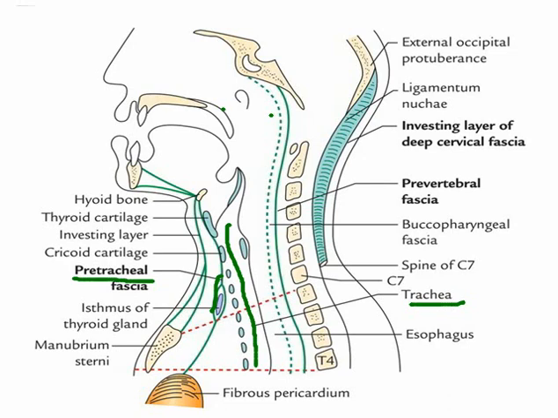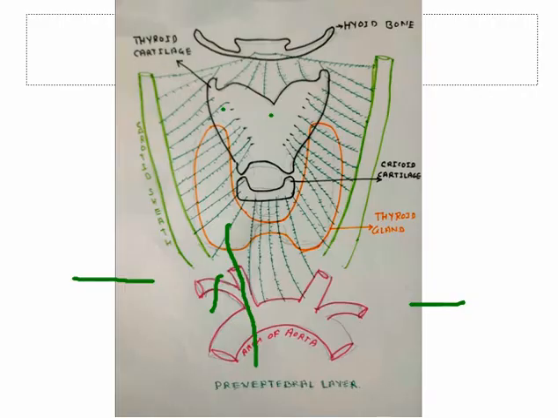Okay. So this pretracheal layer, if we want to have some idea, it is quadrilateral in shape. It is having 4 sides, 4 attachments. So it is like this. In this figure you can see, I will draw the outline of the pretracheal fascia.